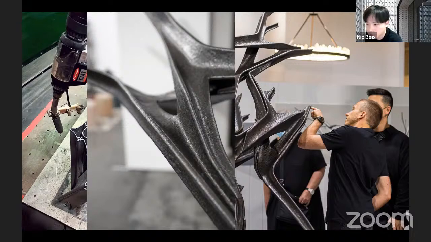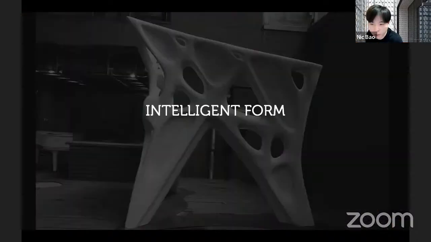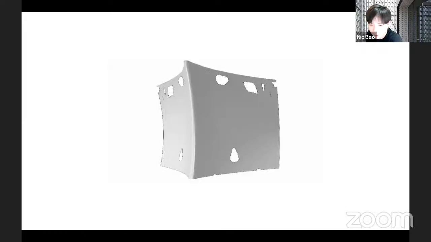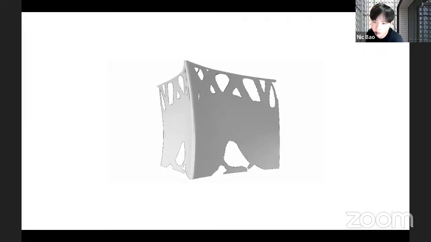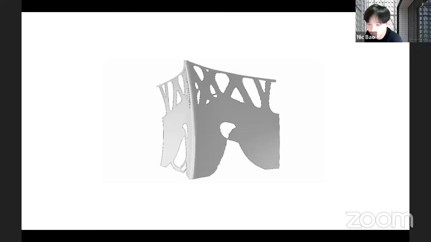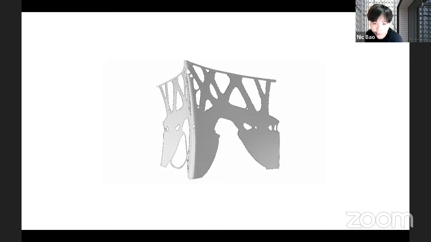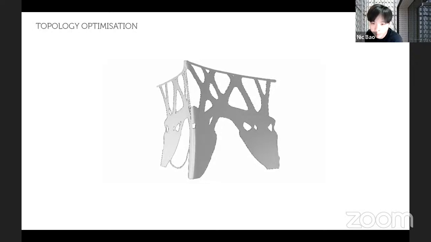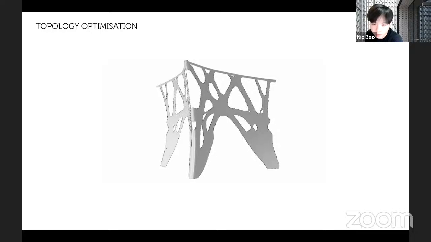And the next project I want to introduce is the intelligent foam, which was presented last year in Digital Futures, working with China Construction Technology. We're using the BESO topology optimization method to do the form finding: adding the loading on the surface, setting up the boundary conditions, and running the BESO method.